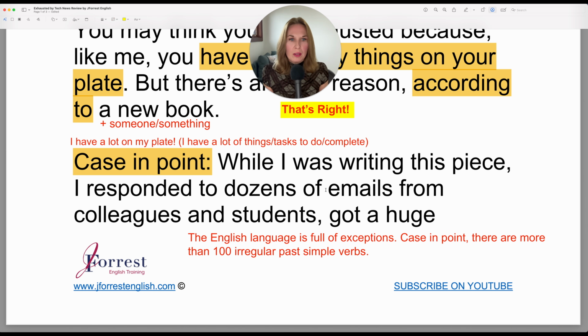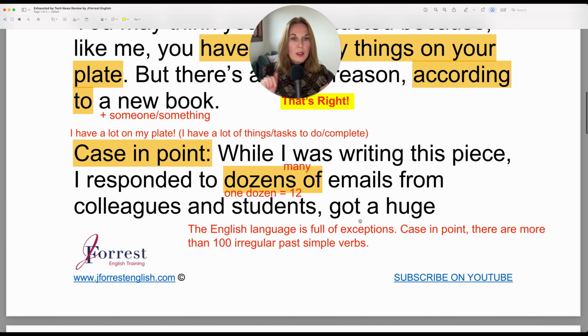Dozens of emails from colleagues. Repeat after me, colleague, colleague, colleague, and then add the S, colleagues. Colleagues, and students. So remember, this author is going to list all the different things they have on their plate.